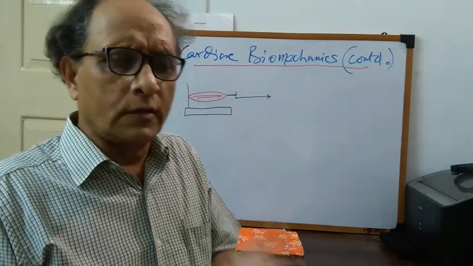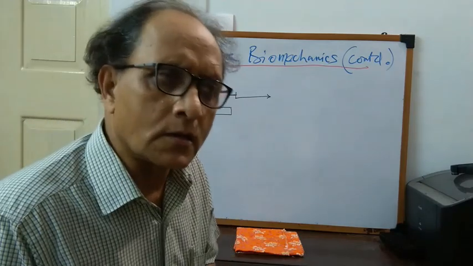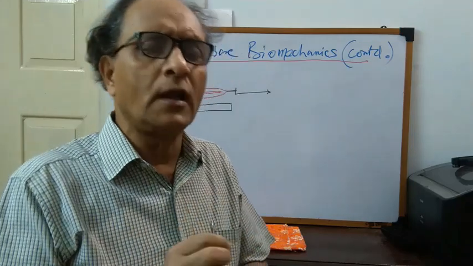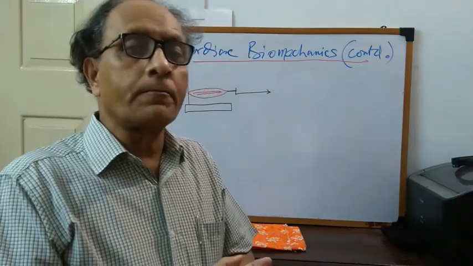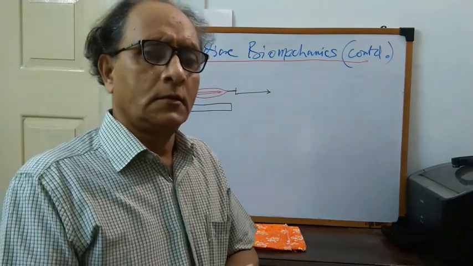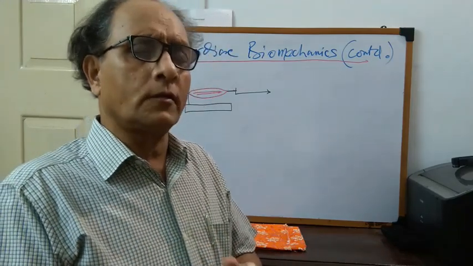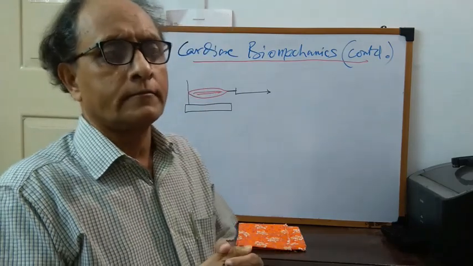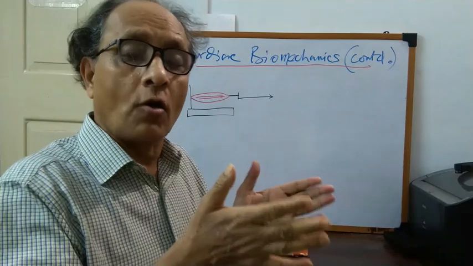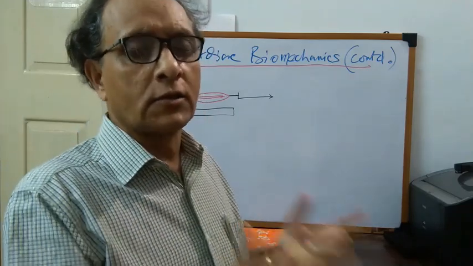Now, all these things, resting tension or passive tension, and upon stimulation by an electrical stimulus, development of active tension, are dependent upon a single factor, that is the resting length, or initial length, of the muscle.